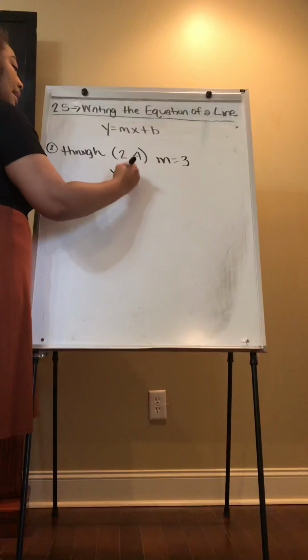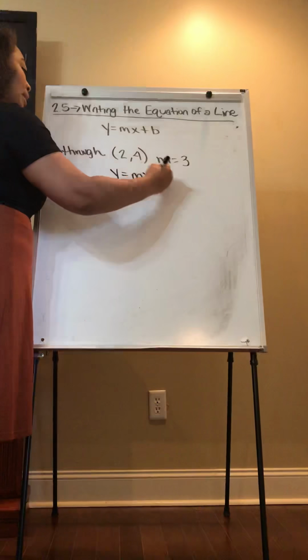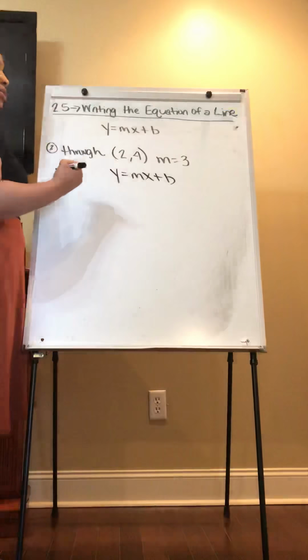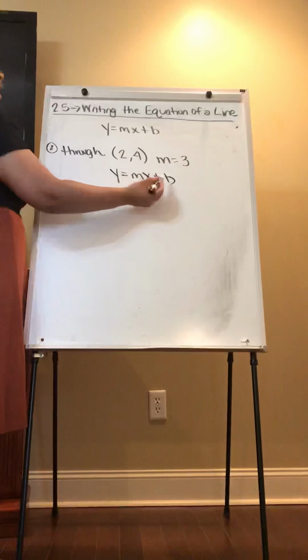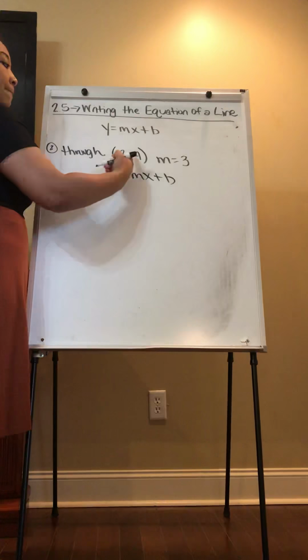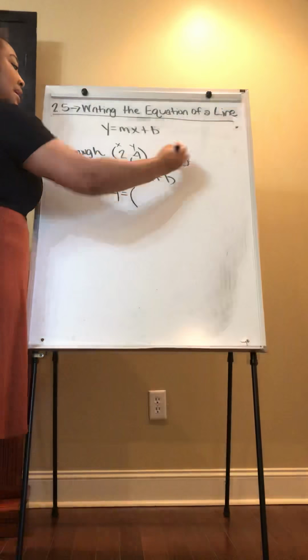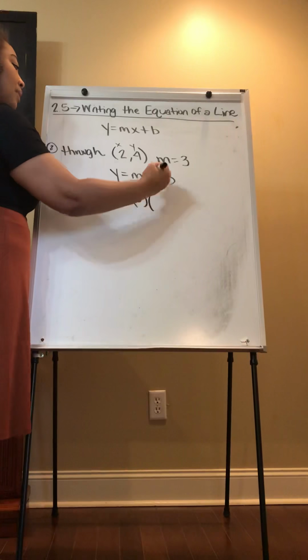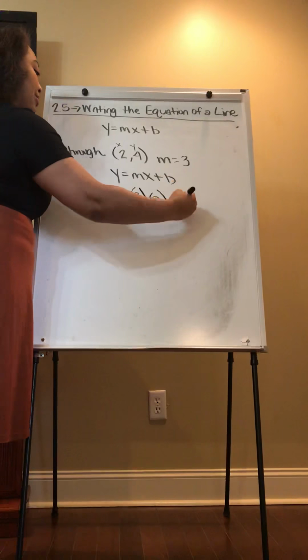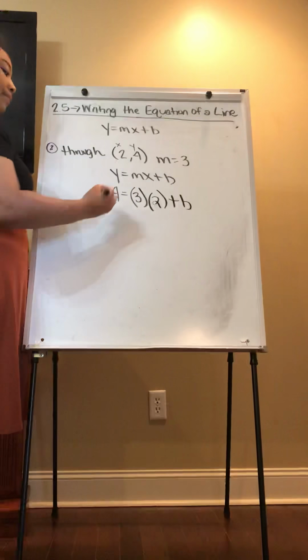So same process. I'm going to take the three numbers, plug it in to y equals mx plus b, and I'm solving for my b. My y number is going to be 4. My m is 3. My x number is 2 plus b.